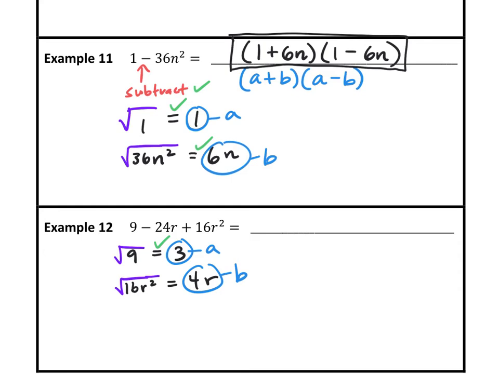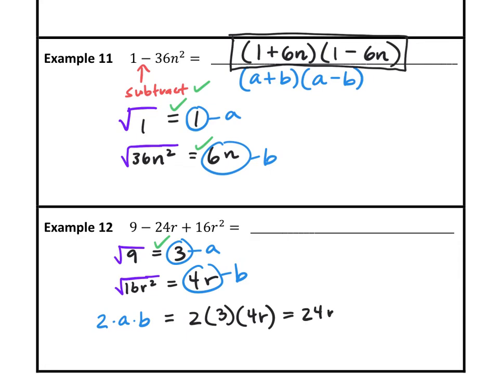Okay, so the last thing I want to check is, can I multiply 2 times A times B and get the middle term? And we're looking to get 24r. Okay, so we're going to multiply 2 times A, which is 3, times B, which is 4r, which equals 2 times 3 is 6. 6 times 4 is 24.